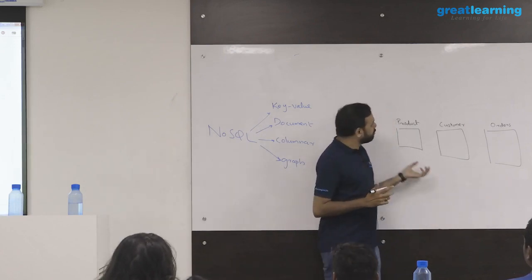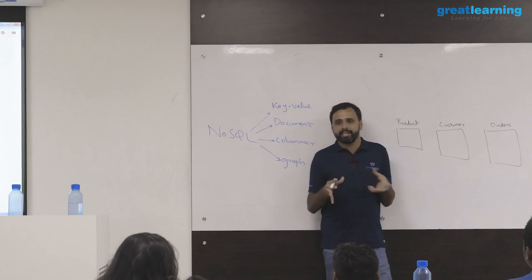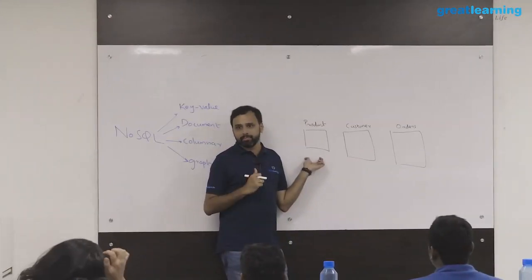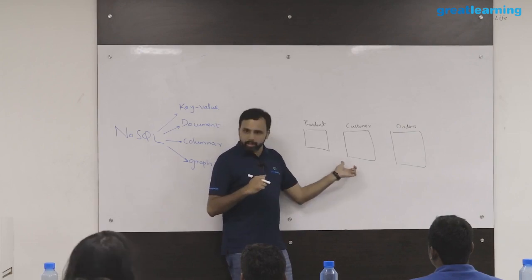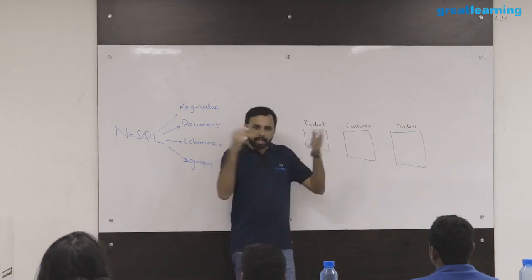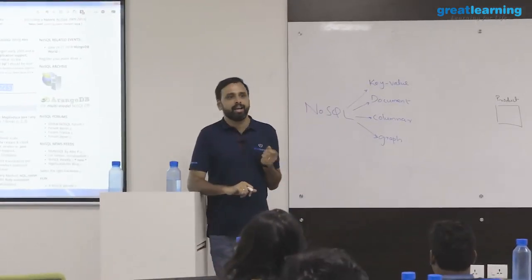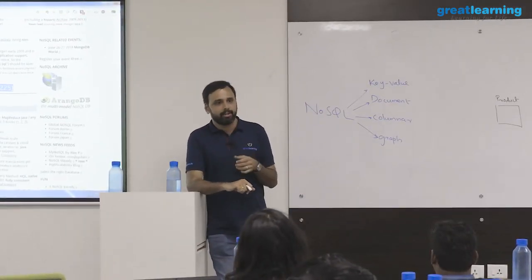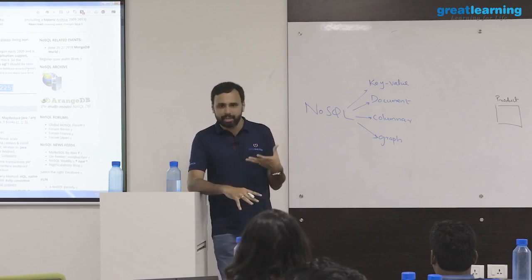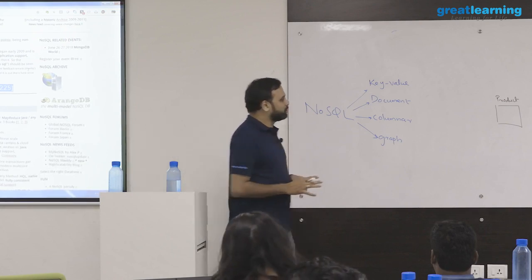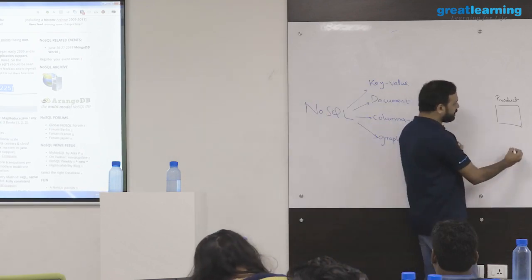Why? Because if you have a small amount of data, this is nice. But what if each table is 1 terabyte? Then every time you do a join query, these three tables have to be joined. That is not possible for me. So when I come to the world of big data, my data is big, my tables are big, and I want to eliminate join operations. So what we do in NoSQL is create a single table.